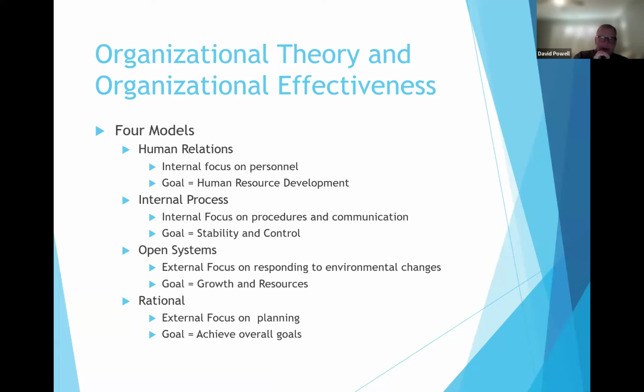So they're looking at individuals working in the organization. They're looking at processes that are going on a daily basis, but they are going to look inside the organization to measure and define effectiveness. And those are the ones on the left side.